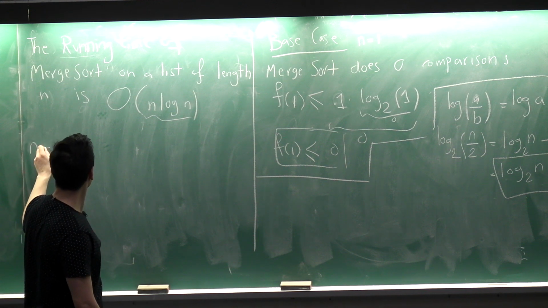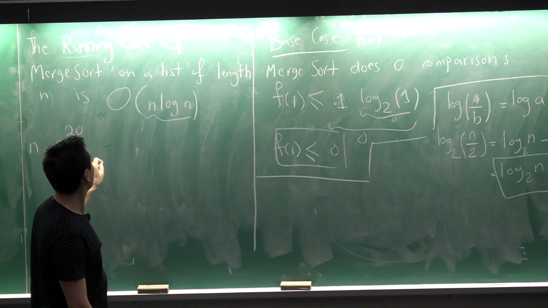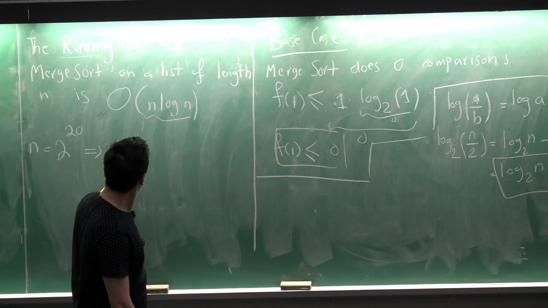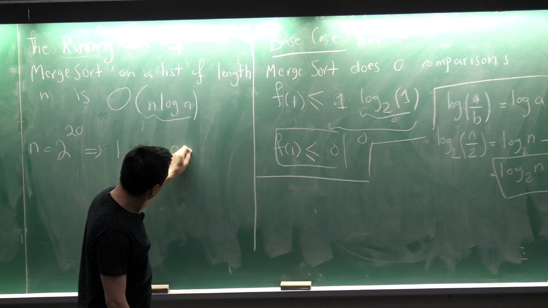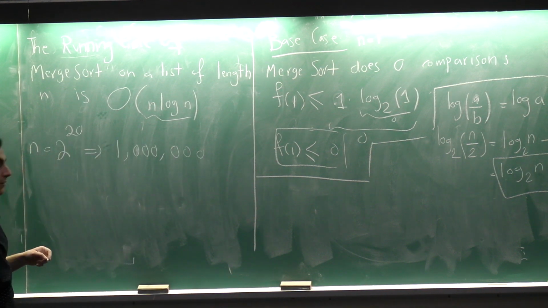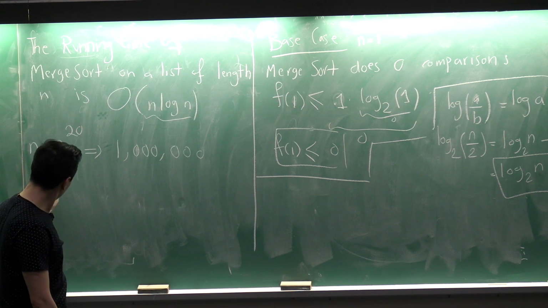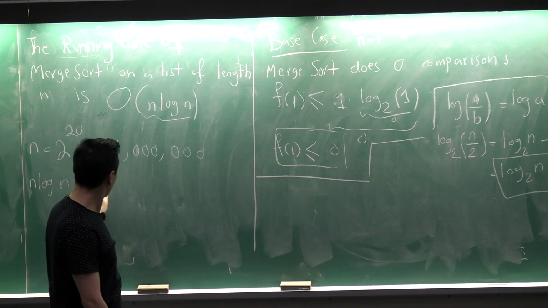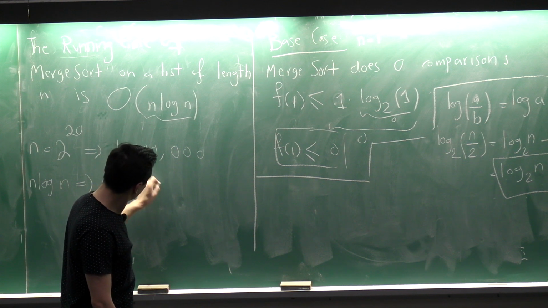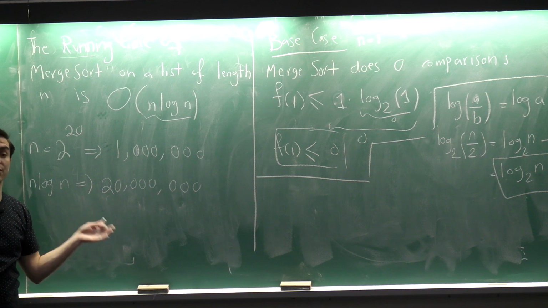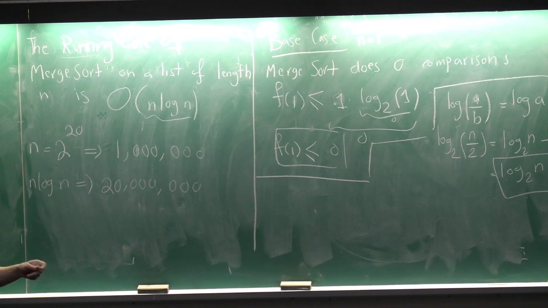Let's say that n is 2 to the 20, right? That means that n is 1 million, right? So how many comparisons will MergeSort do in order to sort a list of 1 million elements? It's going to make 20 million. And that's a pretty good number, considering that it's required to sort 1 million elements.